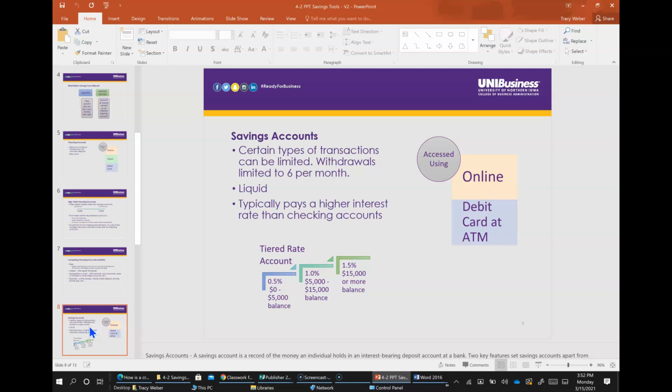Tiered rates reward customers who keep high savings account balances, but consumers should be careful not to keep more money than they need for a 6-month emergency fund in their savings account. Excess funds could be earning a higher interest rate by investing in other investment products.